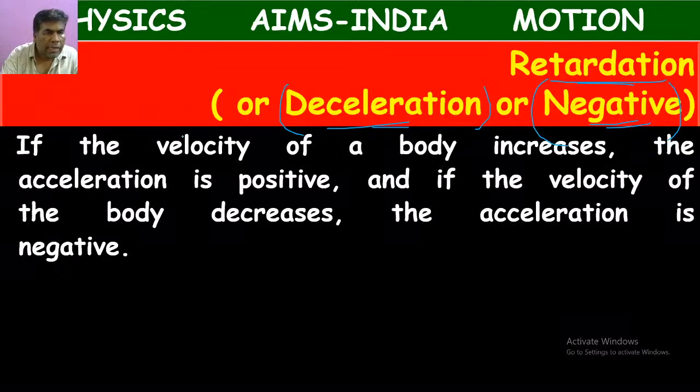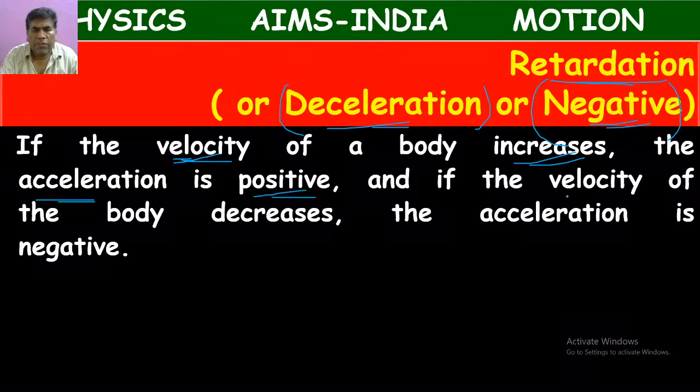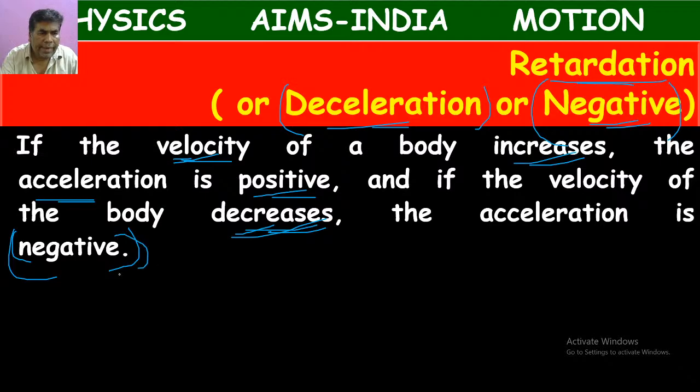If the velocity of a body increases, we call it acceleration. It will be positive. Suppose you apply brakes, what happens to the velocity of the bike? It will decrease. That decrease of velocity we call negative acceleration, or it has special names like retardation or deceleration.